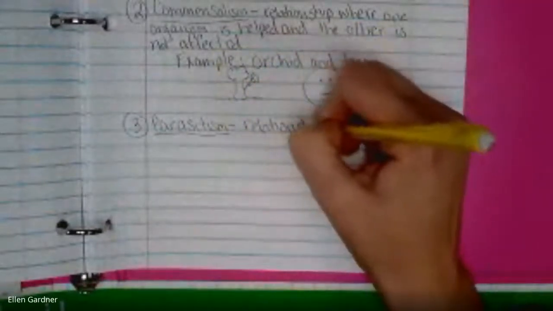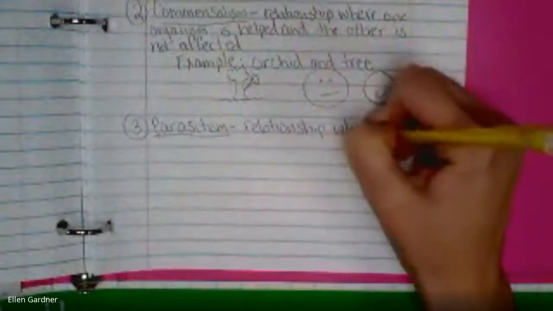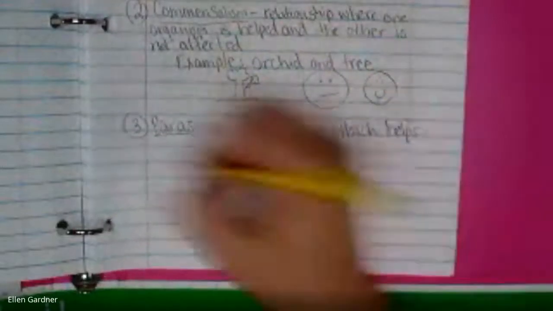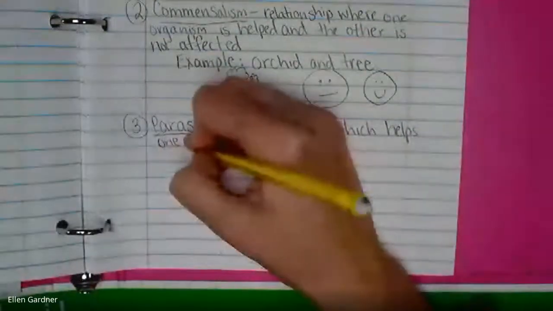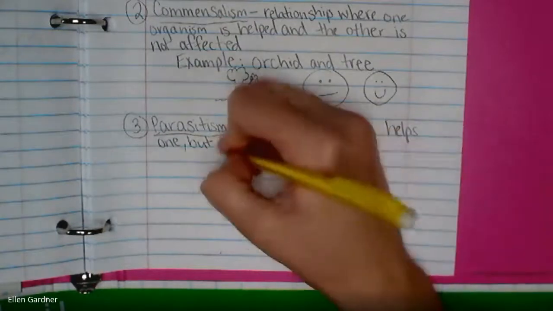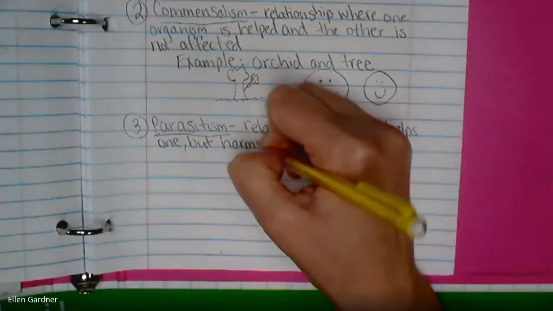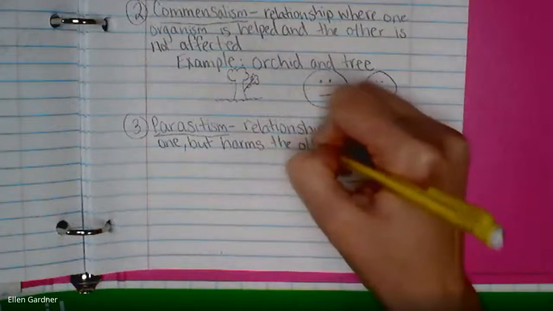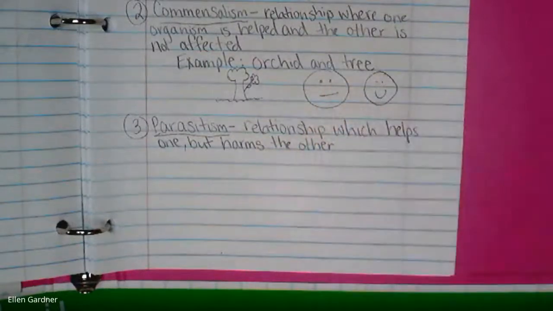Okay, this one is a relationship which helps one but hurts the other or harms the other. So I'm trying to get these precise words so we'll match up with our quizzes and tests.